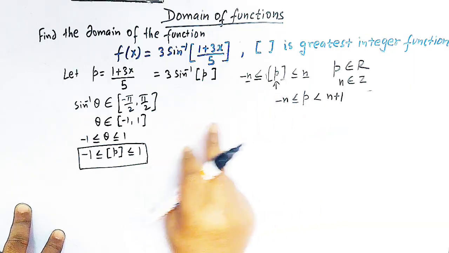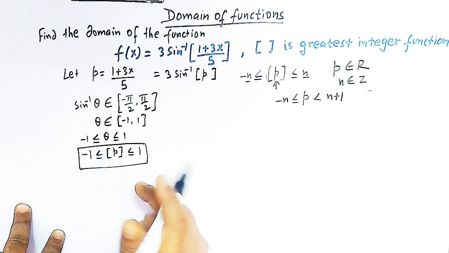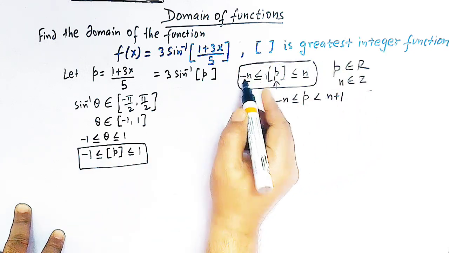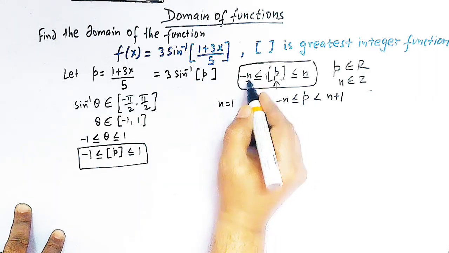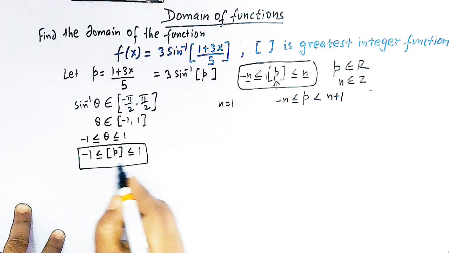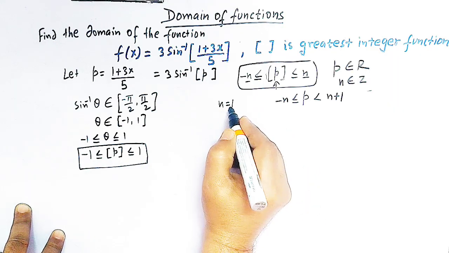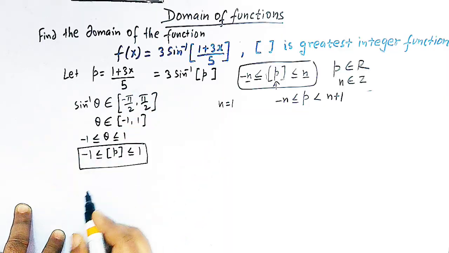Now if we compare this inequality with the earlier one, the value of n is equal to 1, because here we have minus 1 and here we have 1. So n is equal to 1 and p is 1 plus 3x over 5.